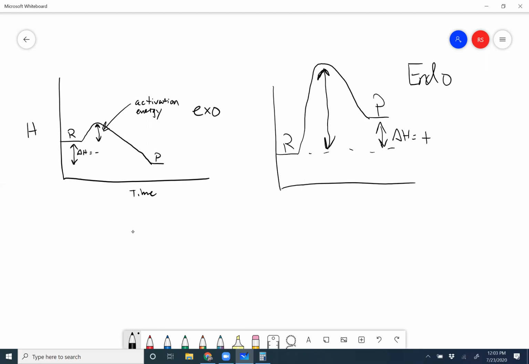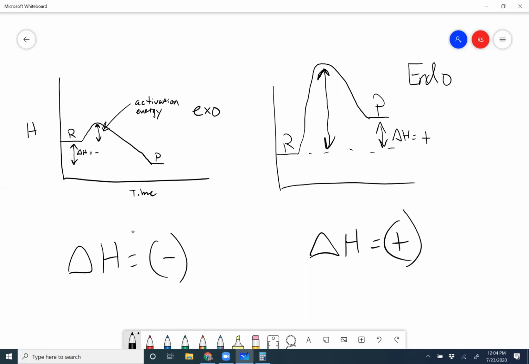The book will later go on to talk about spontaneous versus non-spontaneous. And one of the big factors when it comes to whether a reaction wants to drive itself is that the delta H tends to need to be negative versus delta H equals positive. And the reason for this is you have to put all the energy into the system to actually get the reaction to change, but you also have to overcome the activation energy as well.